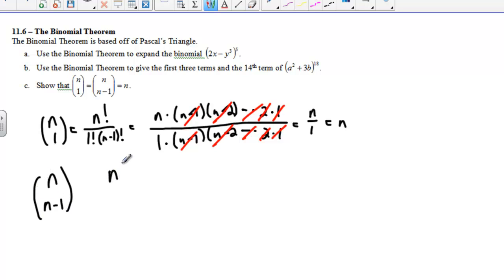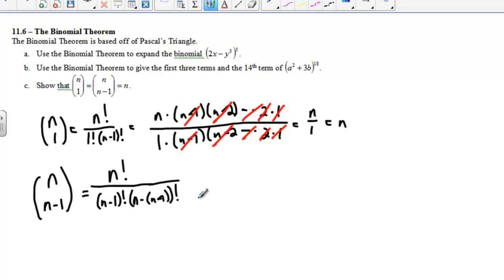We have n factorial on top, and then we have n minus 1 factorial times n minus n minus 1, sorry, n minus n minus 1 factorial.